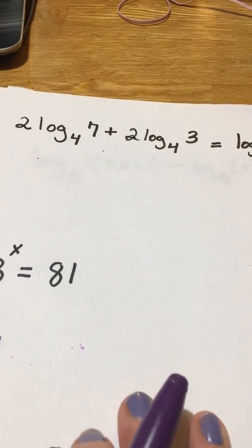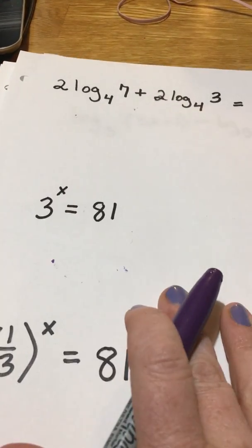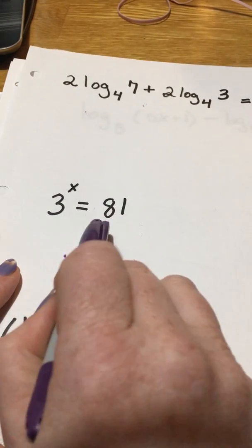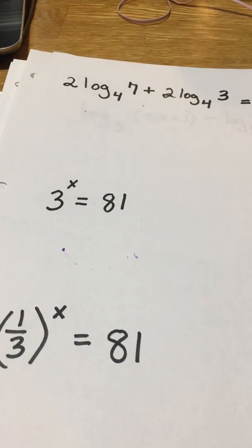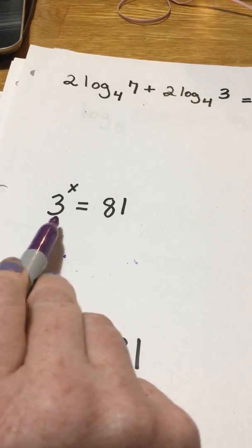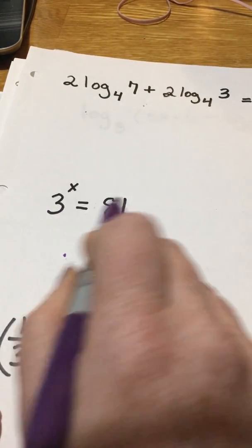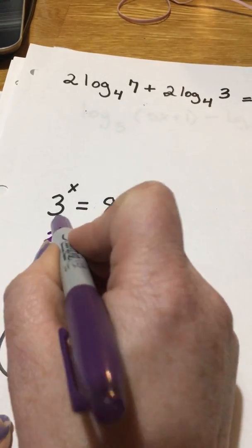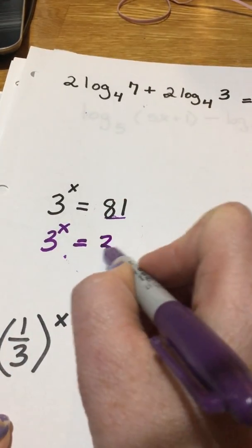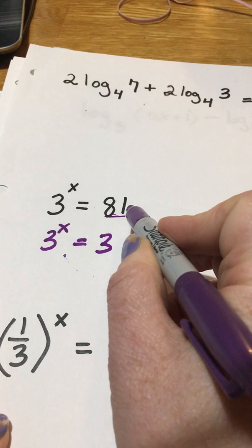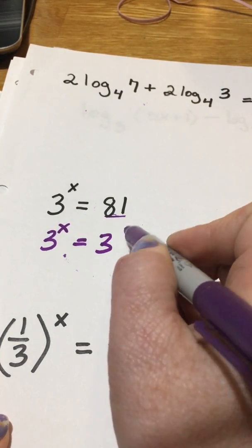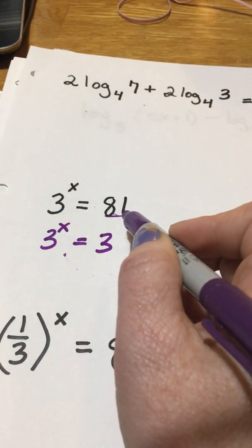Now, I'm going to go a little out of order here. So I'm going to start with the 3 to the x equals 81. When you have things in exponent form, your big goal is to get them to have the same base. So this has a base of 3. I want 81 to have a base of 3. So I'm literally going to look at powers of 3 and see if there's any powers of 3 that equal 81.